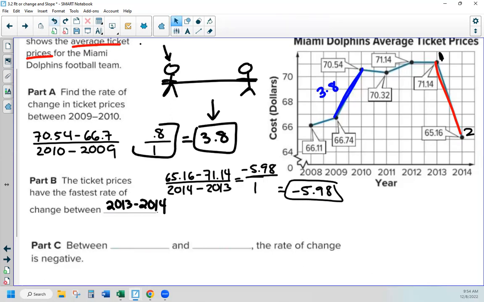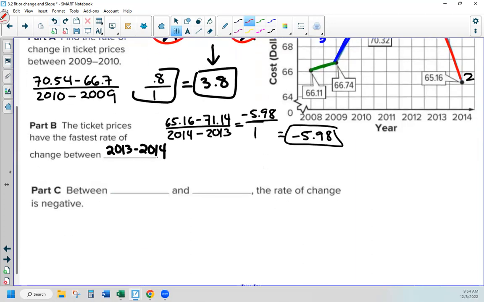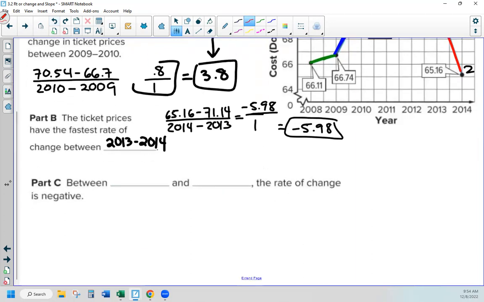It's silly because I saved us a lot of time by not looking for the slopes of any of these lines. We know those numbers are going to be smaller, and those are typically the smaller people that you put in your tug of war right here at the front. So they don't matter. I wanted to find the biggest tug of war challengers from this graph. All right, so here we go.